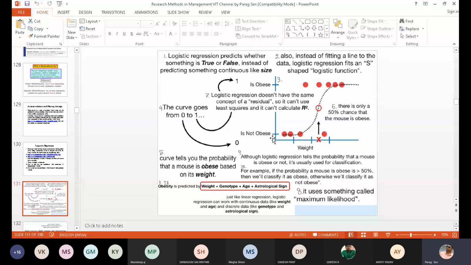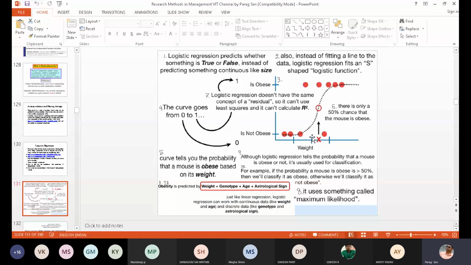But here, instead of a best fitted line, logistic regression fits an S-shaped logistic function. This you can see. Now there is one particular example given. Here you can see that along the x-axis, the weight of different mice is represented.